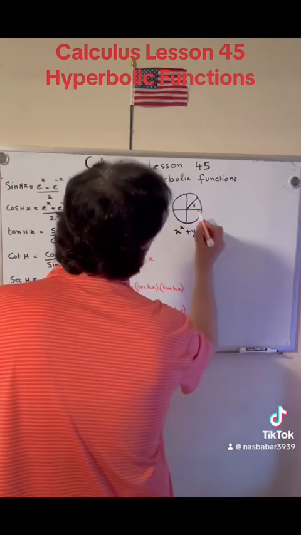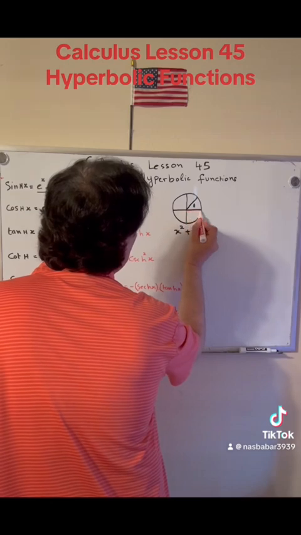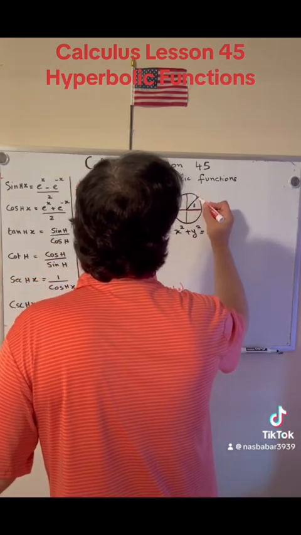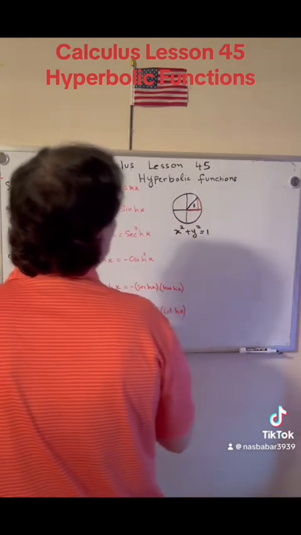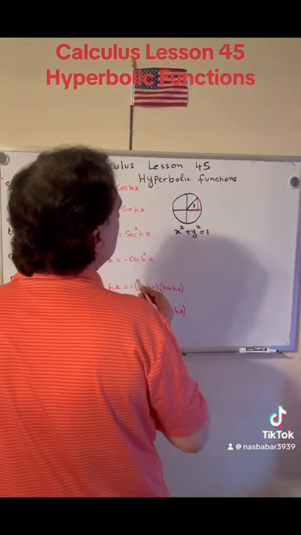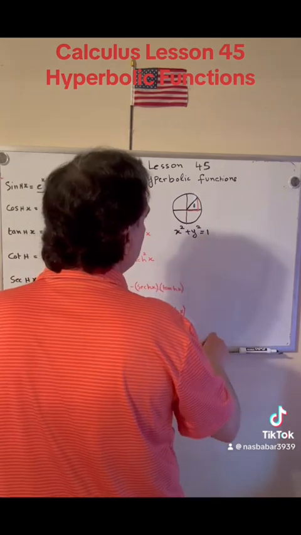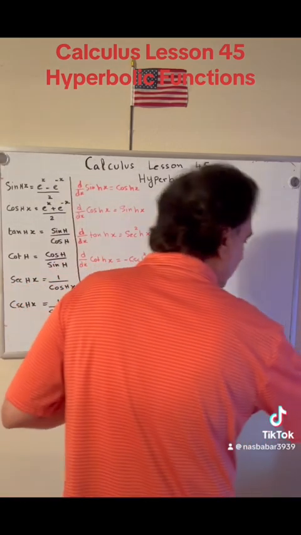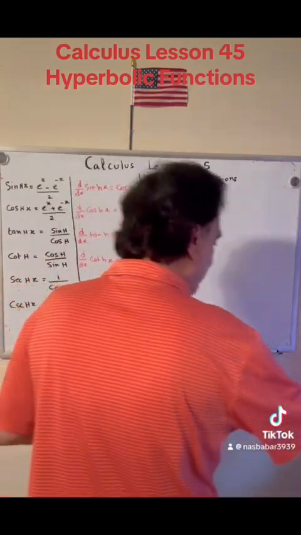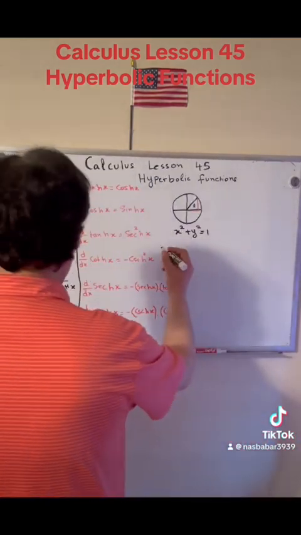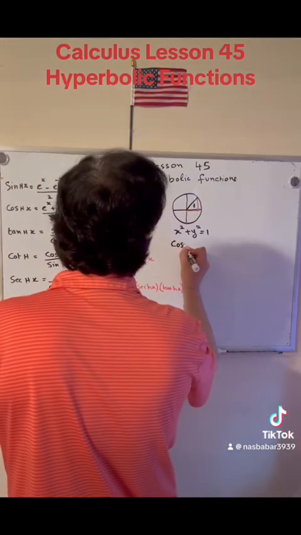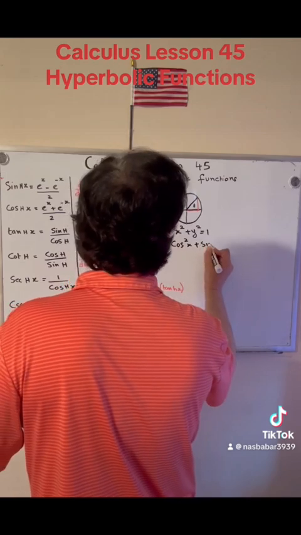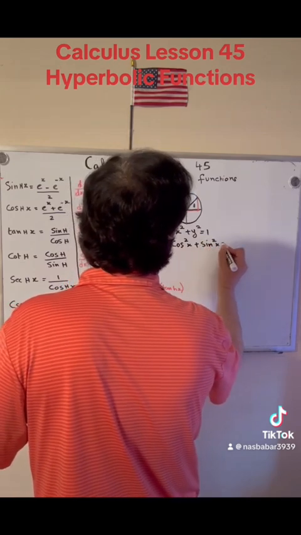It's this part right here, and y is this part right here. So if the radius of the circle is 1, then x square plus y square is equal to 1. That's the trigonometric function. I can also write this as cosine square x plus sine square x is equal to 1.